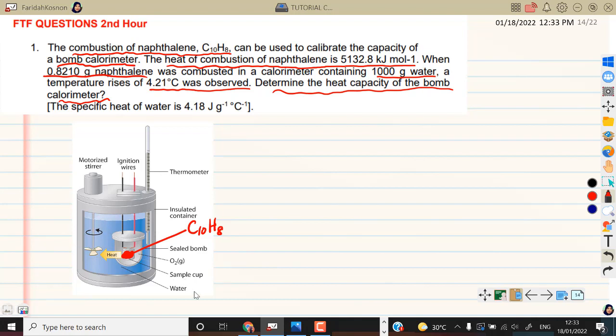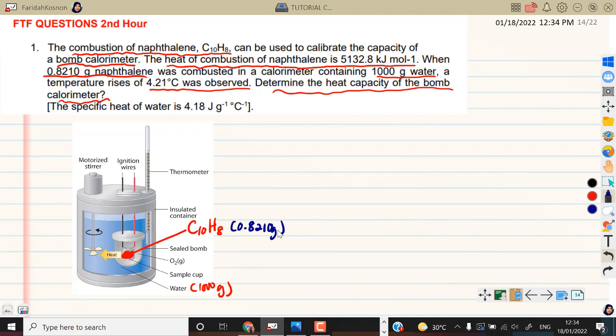Water kita kat sini berapa gram? 1000 gram. So berapa banyak naphthalene yang kita masukkan? Kita masukkan naphthalene kat dalam ni 0.8210 gram.